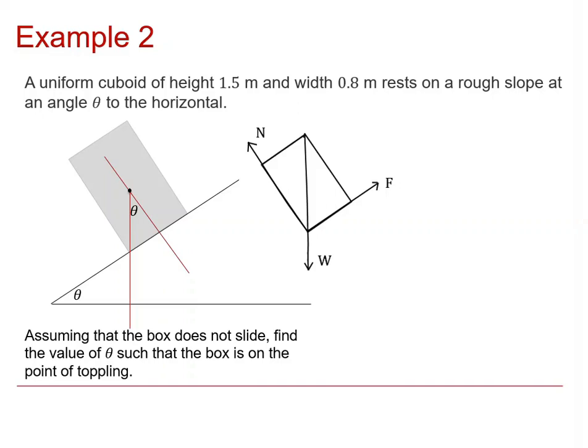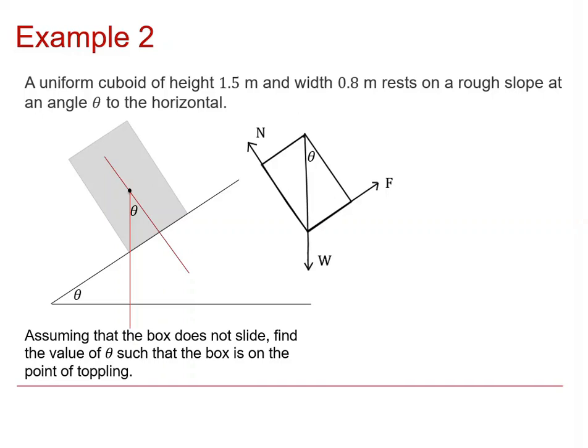Now the theta, which is the angle between the plane and the horizontal, reappears in the diagram there because that's 90 minus theta, so that's, so there's theta again, and it will appear finally on the force diagram up in that corner. And that allows us to work out what theta is, because we've got the dimensions of the box.